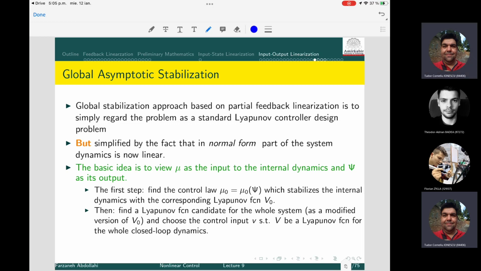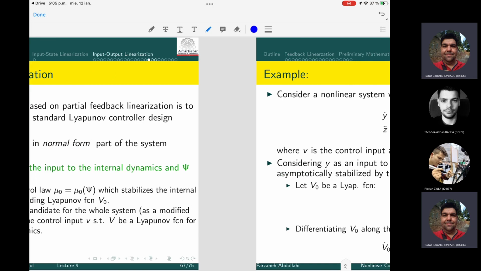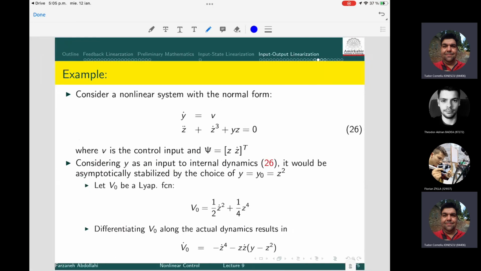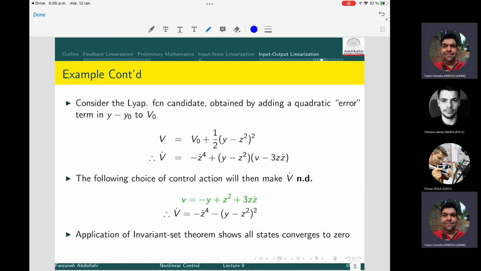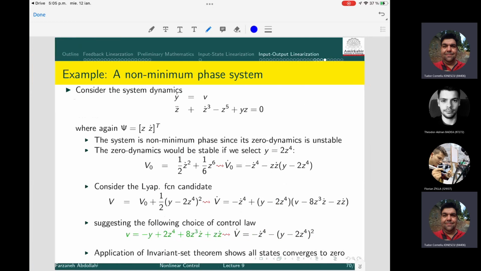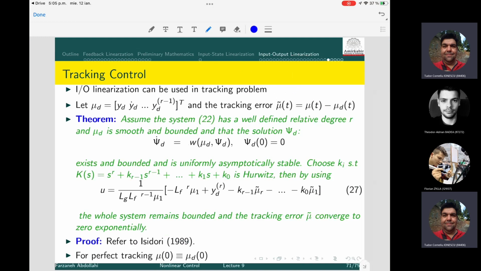And this tells you how to achieve global asymptotic stabilization, and here is an example of it. Very interesting. You have to check this out. And here it shows you the example of a non-minimum phase system that can be stabilized.